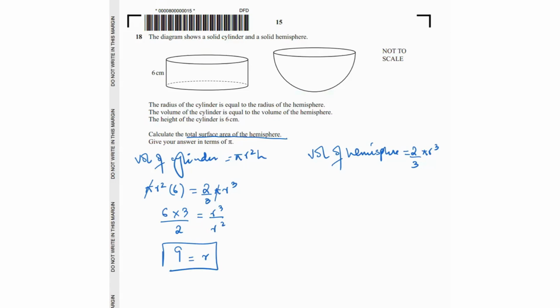We have to find the total surface area of the hemisphere. So we have the curved part and the flat part at the top. So total surface area is pi r square plus 4 pi r square, which is the surface area of a sphere, divided by 2. So we're getting 81 pi plus 81 times 2.